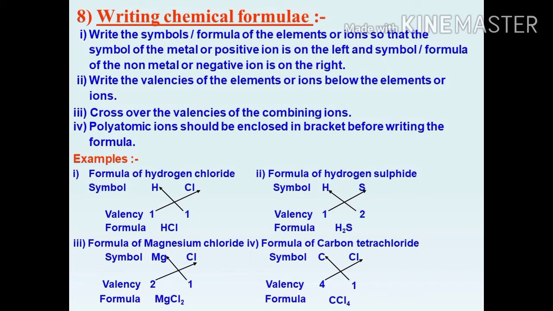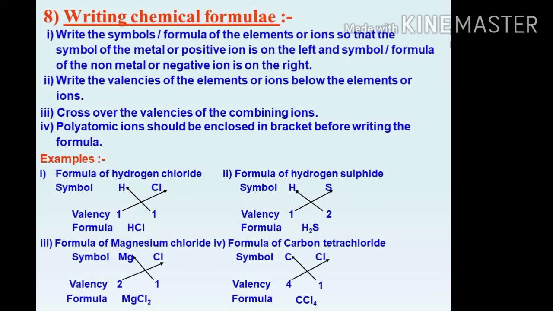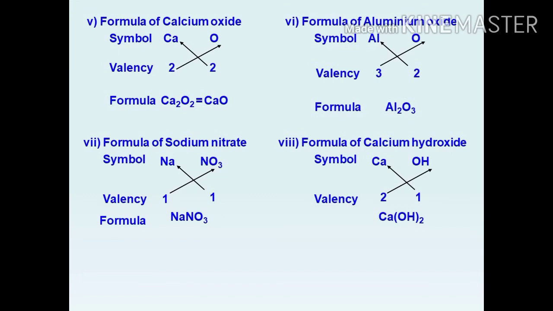We should write using the crisscross method. Next, formula of calcium oxide. Calcium is the positively charged particle, so it should be written on the left side. Oxide is the negatively charged particle.